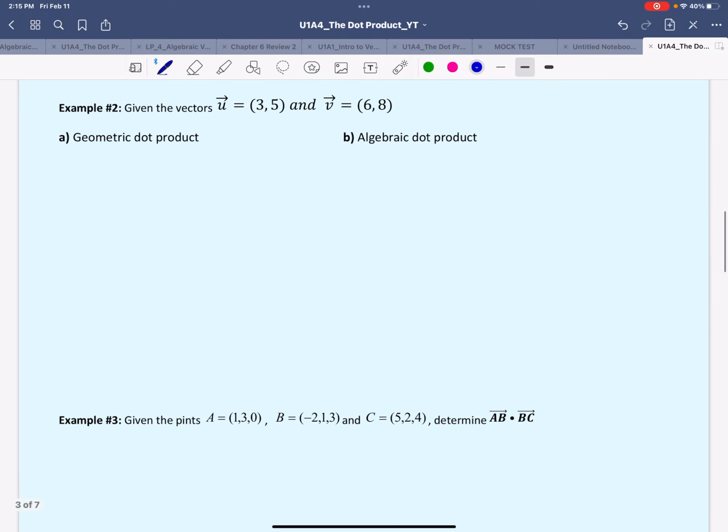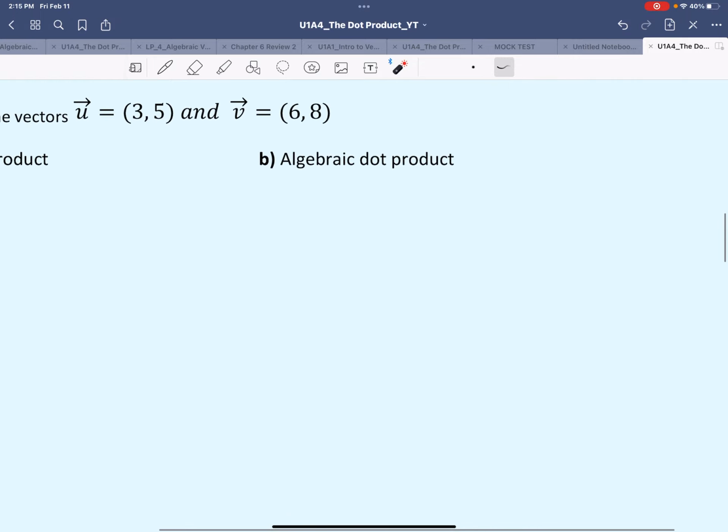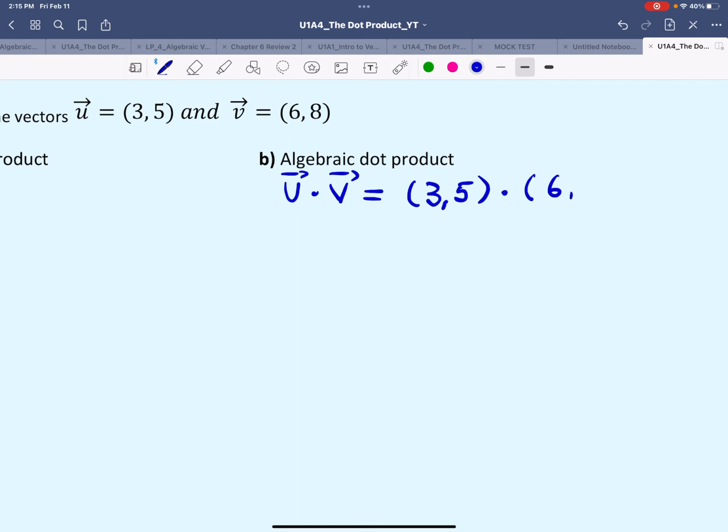Now, in the next example, we are given two vectors, and we will find both the algebraic dot product and geometric dot product. And I will start off with algebraic dot product because we haven't tried that yet. So if we are finding u dot v, that means that we're multiplying again, the x's together, the y's together, and adding them.